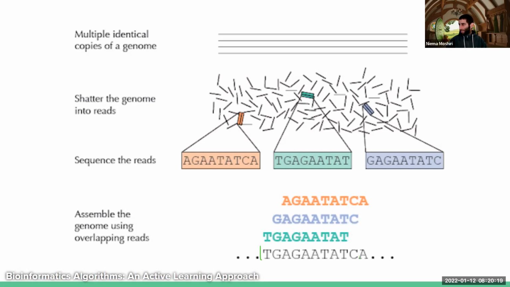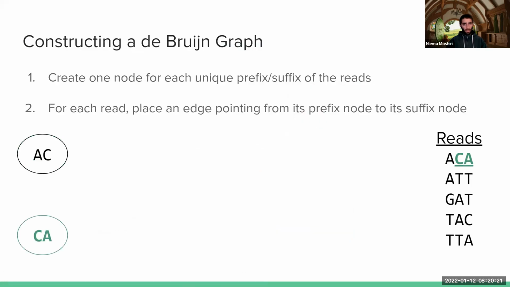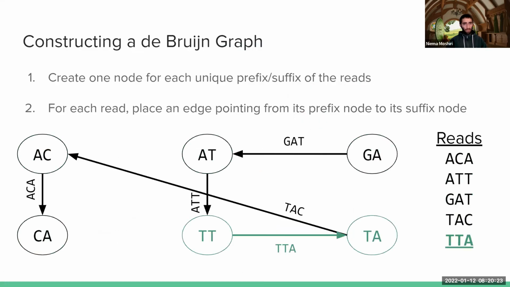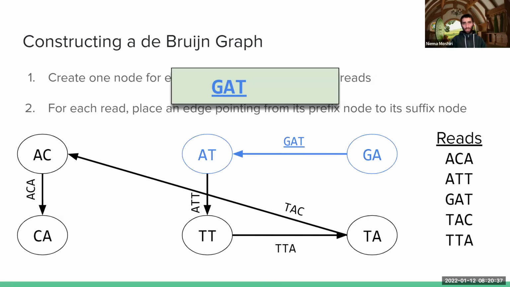So using that exact same logic, we can look at the overlaps in this de Bruijn graph. So I can basically start at the beginning and I would say, okay, the very first edge that I traverse, the very first arrow that I go across is GAT. So I'm going to say that's the first 3 letters of my genome.